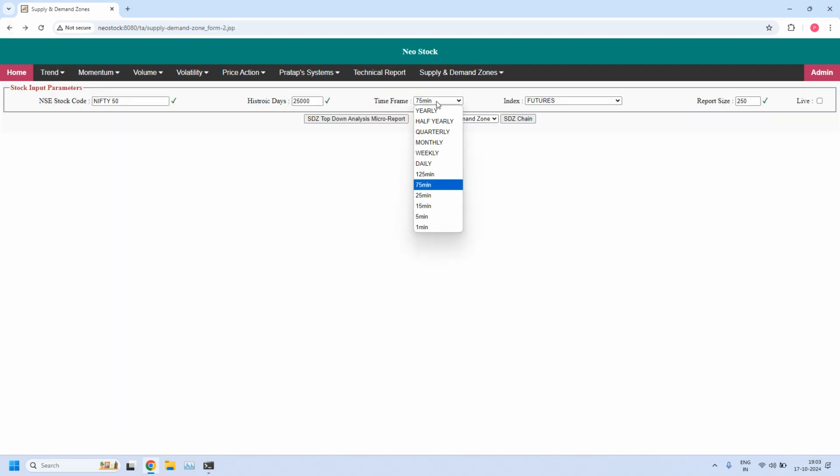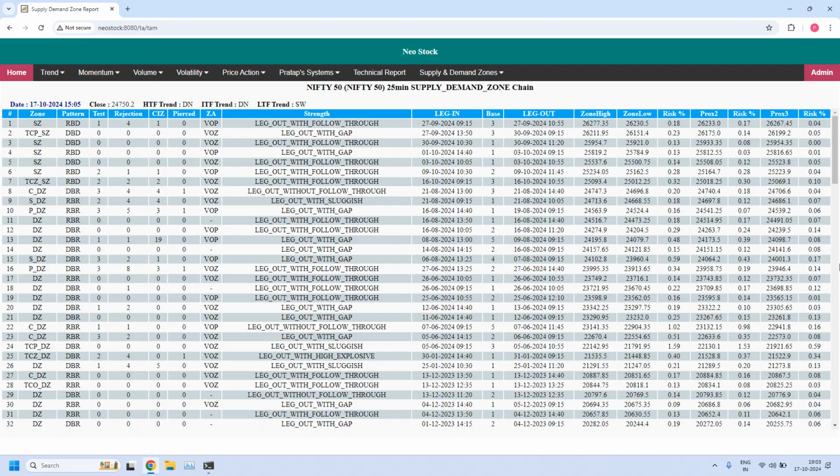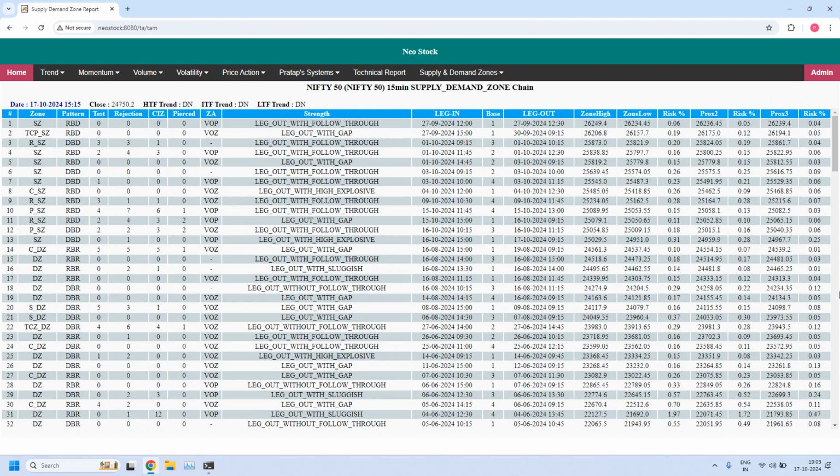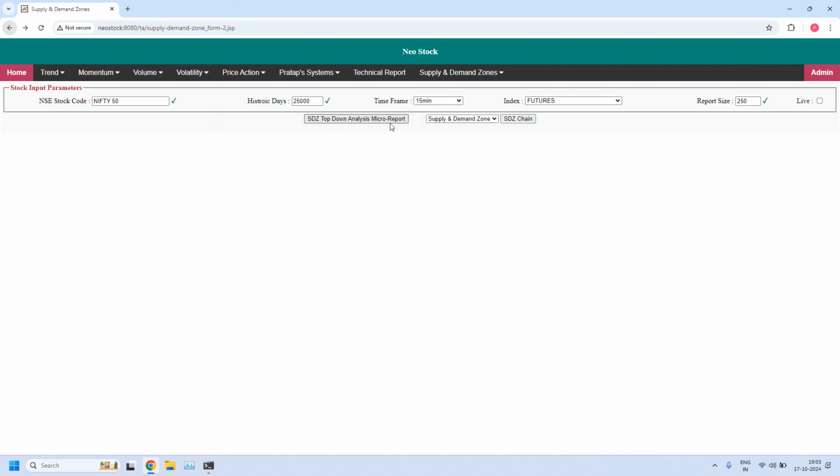The next time frame is 25 minutes, generating 25 minutes supply demand zone chain for Nifty. Next time frame is 15 minutes, generating 15 minutes supply demand zone chain for Nifty. Next time frame is 5 minutes, generating 5 minutes supply demand zone chain for Nifty.